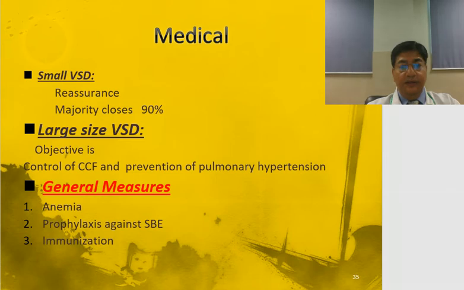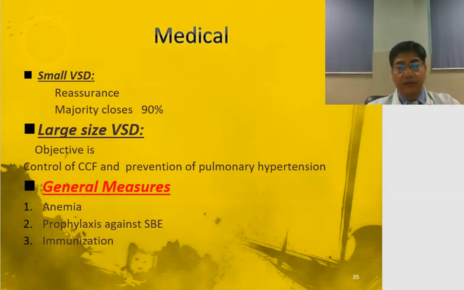Larger VSDs need pharmacological management of preload, with measures like diuresis, and afterload, with measures like captopril. This is a condition which is due to volume overload, so usually these two measures are sufficient to control the symptoms of a larger or moderate-sized VSD.